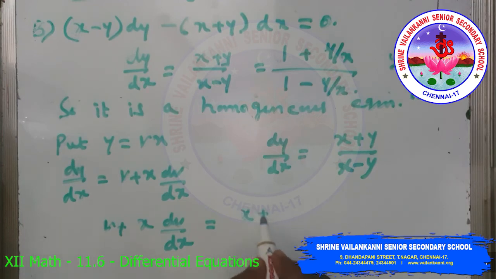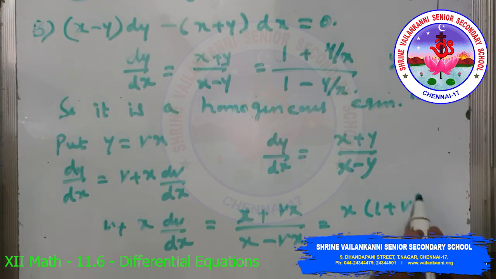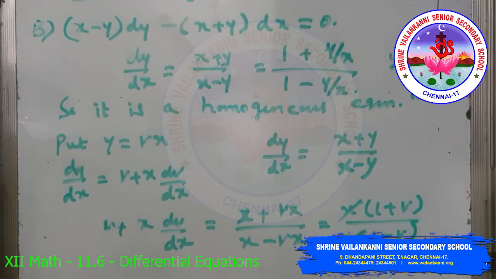x plus y is vx, so vx whole by x minus vx. So taking x common, 1 plus v by x into 1 minus v. So cancelling x, we have v plus x into dv by dx, which is equal to 1 plus v by 1 minus v.